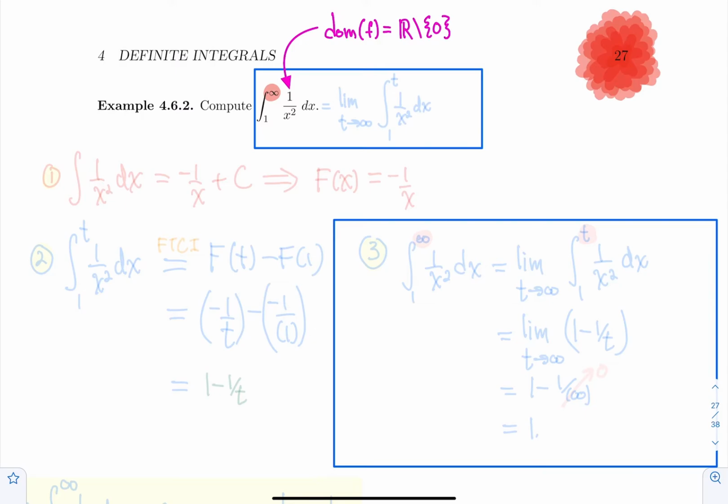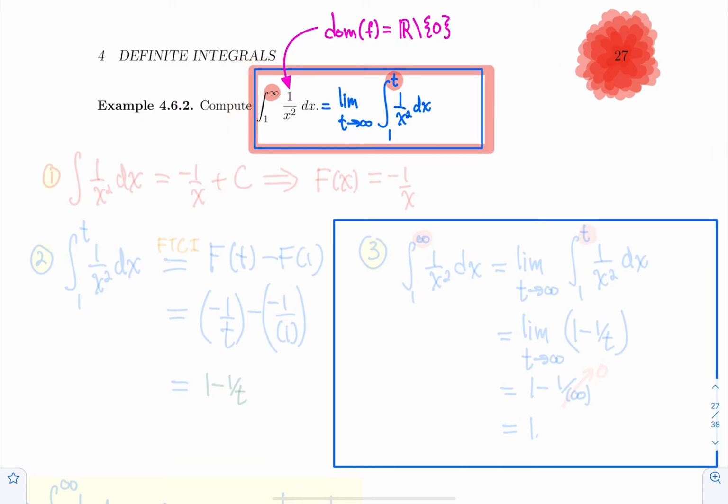So this improper integral from 1 to infinity will become the integral from 1 to t of 1 over x squared dx, so you replace the infinite bound by t, and then we're going to push t to infinity. And this is very important. That line in the solution is always going to give you most of the marks for an improper integral question, because this is truly the only new thing.